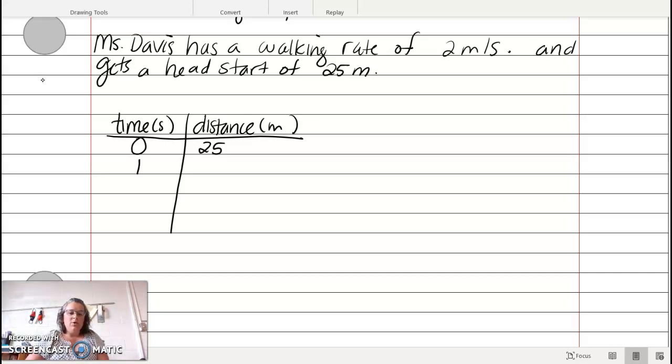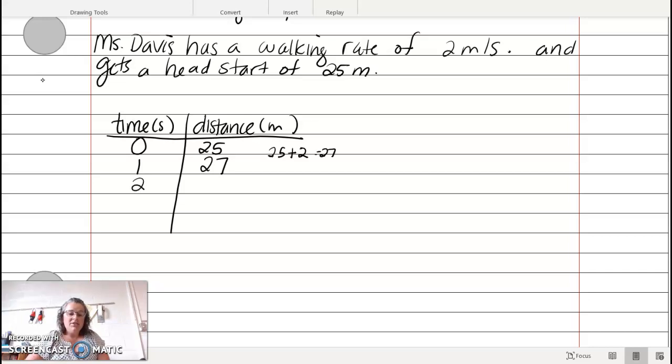As soon as she gets to 1 second to travel, she's got 2 meters plus that 25 meter head start, so she's now at 27. So we can actually say she had the 25 meters to start plus the 2 meters that she had for that 1 second, which gives us that 27 meters.